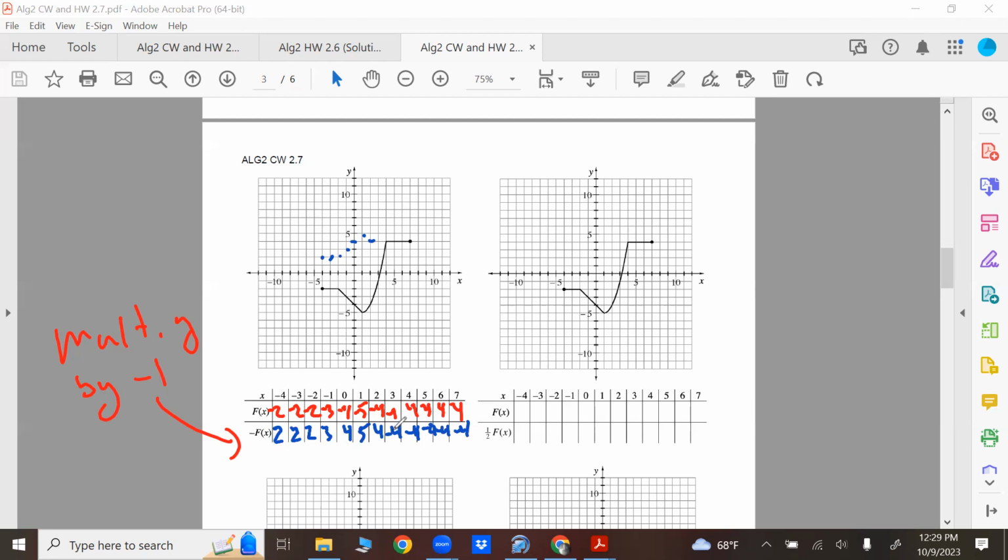Sorry, my bad, it's +1, then -4. So the graph's going to look kind of like this. There you go. You see how that graph is flipped compared to the original?